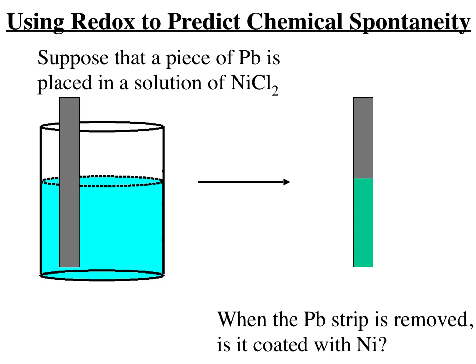So when I do this, the question would be, is there a spontaneous reaction in which after some period of time I pull the strip of lead out of the solution and I note that it is altered in appearance, indicating that it has been coated with the metal nickel from the solution.